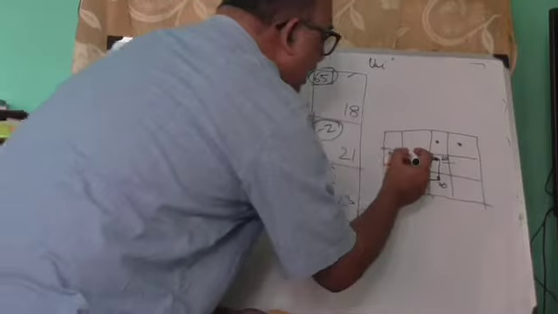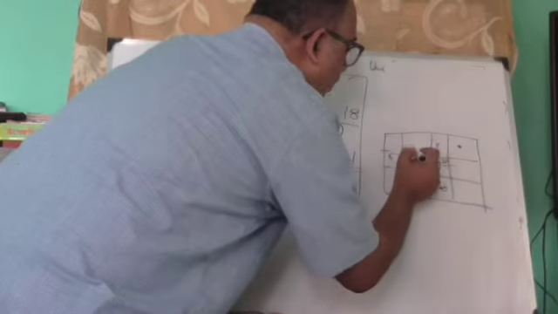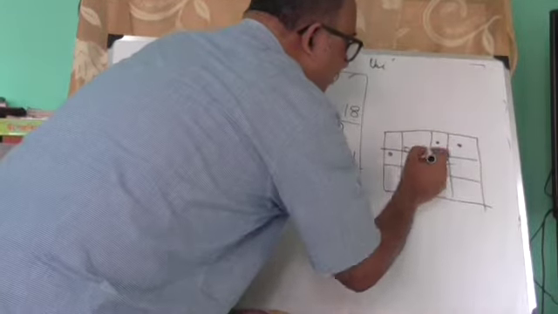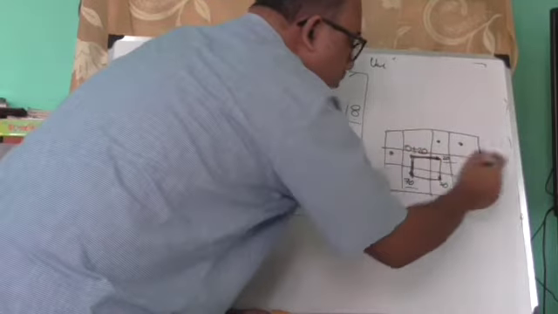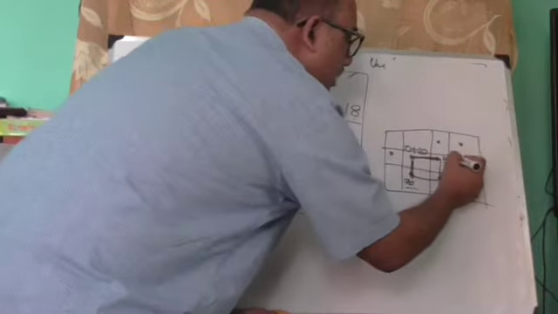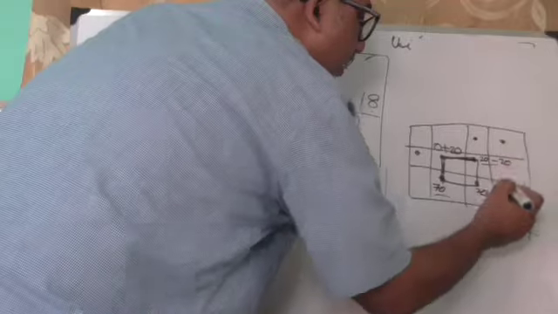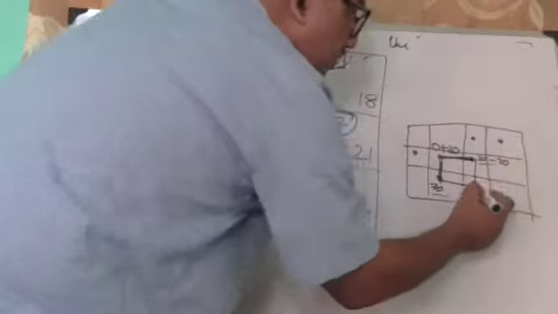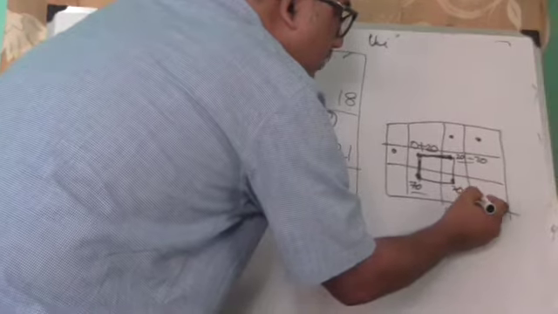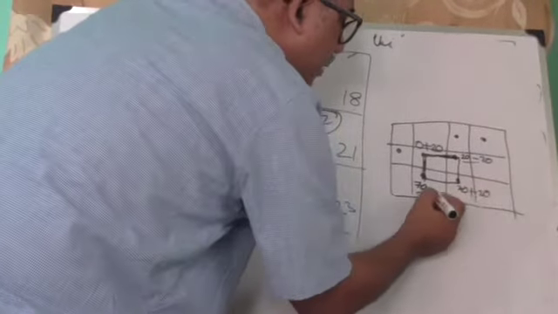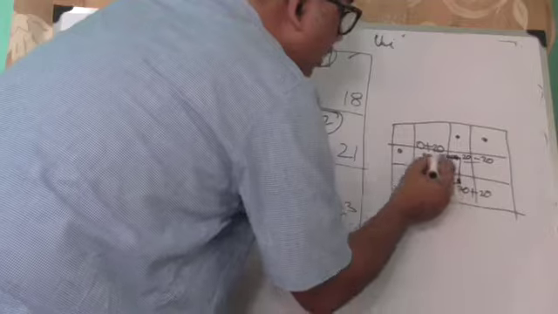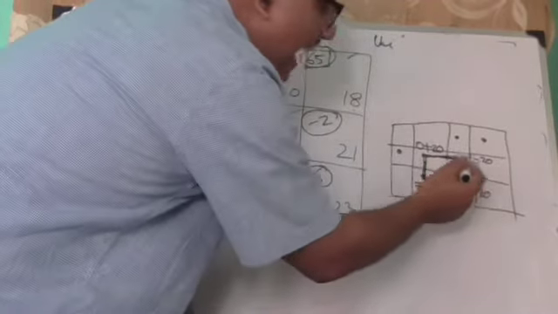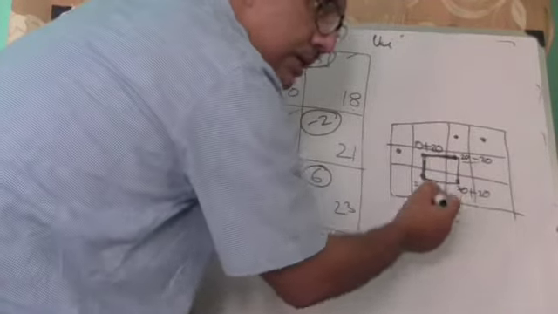That means here it was 0, now it will become plus 20. If it is plus 20, then the total adjustment needs to be done, so it has to be minus 20. And if it is minus 20, then row wise and column wise, it will be plus 20. So here, alternately, plus and minus has to be done.